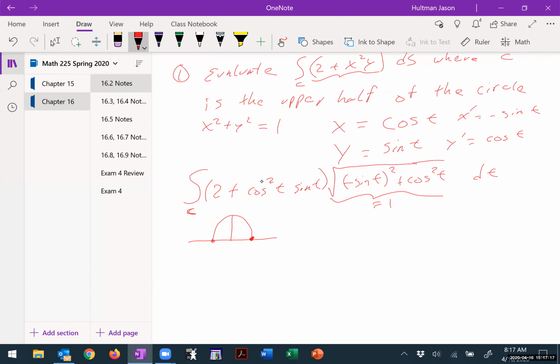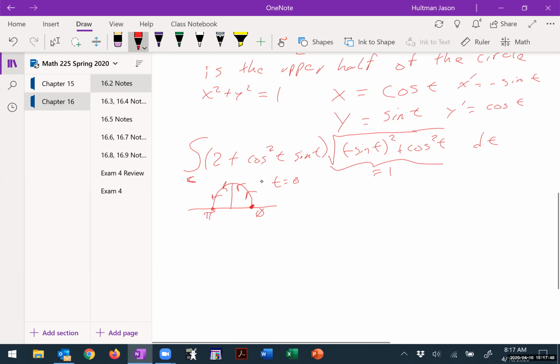Where is theta going from in the upper half of the circle? Isn't theta going from 0 to pi? If we were to draw us traveling along this curve, wouldn't we travel along this half circle, going from 0 to pi?